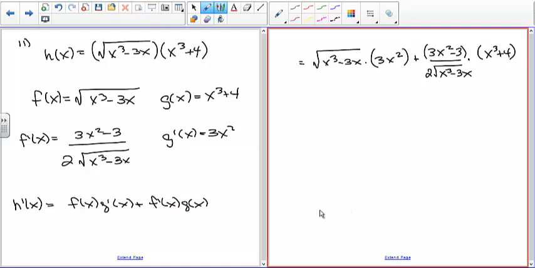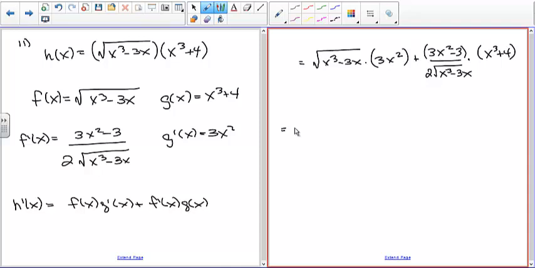And what I said was simplify by having a common denominator and a simplified numerator in the answer. So the common denominator is going to be 2 times the square root of x cubed minus 3x.